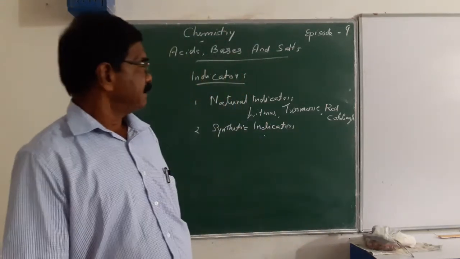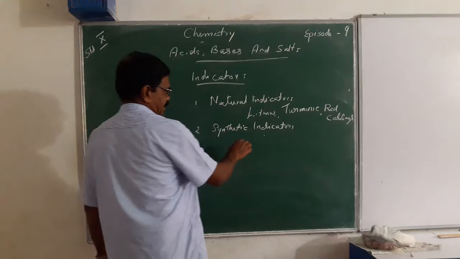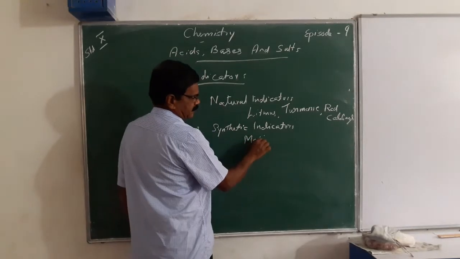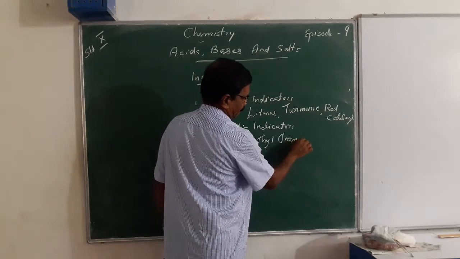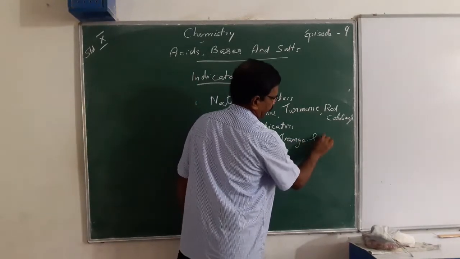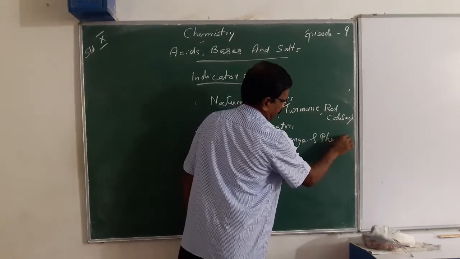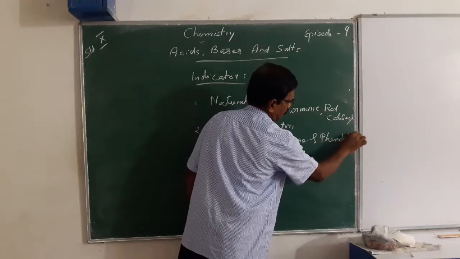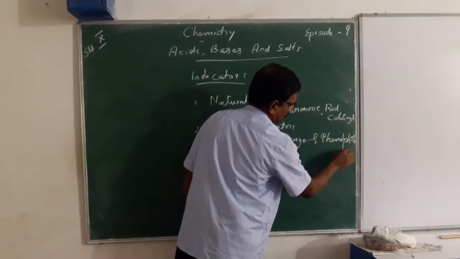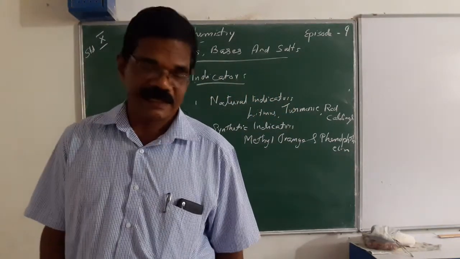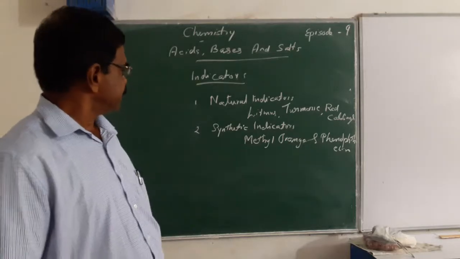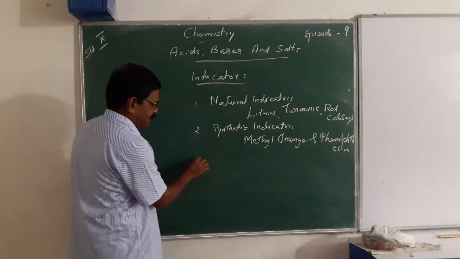For example, methyl orange and phenolphthalein. They are synthetic indicators.